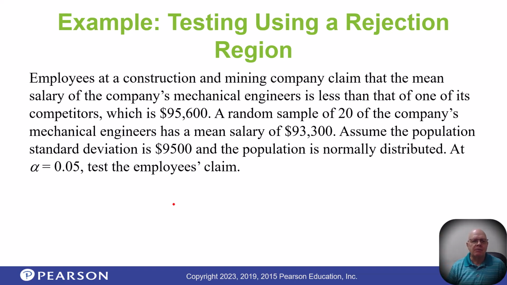Time to do some examples. Now we've got a claim here. We see that right off the bat. The claim is that the mean is less than one of its competitors. So claim: mean is less than the competitor's, and that would be 95,600.